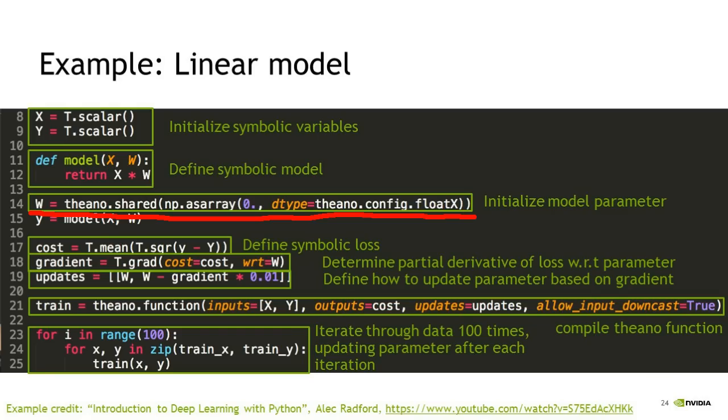Can Theano be used for natural language processing? Yep, absolutely. In fact, Theano is great and popular for natural language processing because of its tight integration in the Python ecosystem.